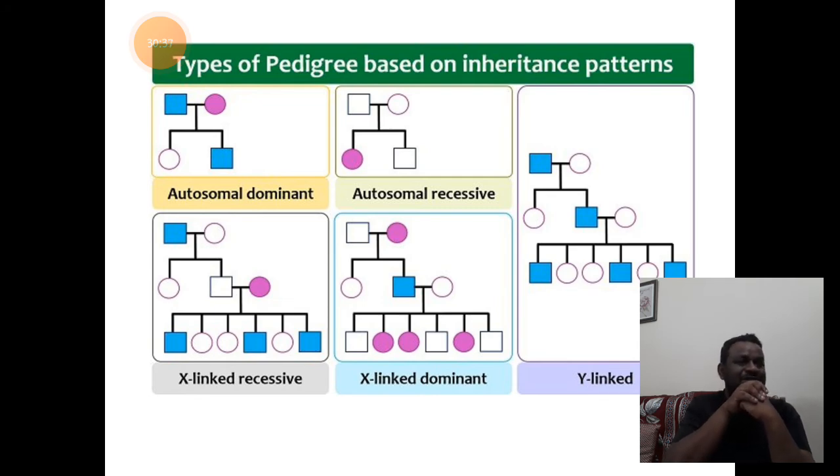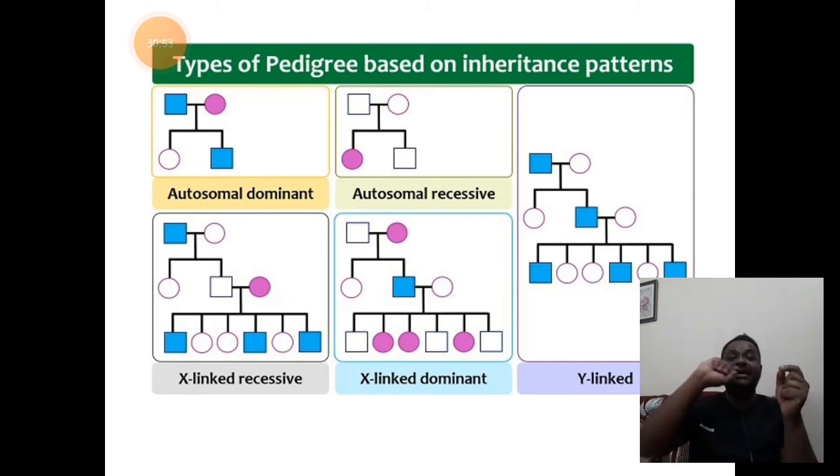Are you able to understand? Her mother is normal. So when this daughter carries the recessive gene in them, we call it a carrier female. What do we call the condition as? Carrier female. When a carrier female gets married to a normal male, they tend to have the passage of this gene into their sons.